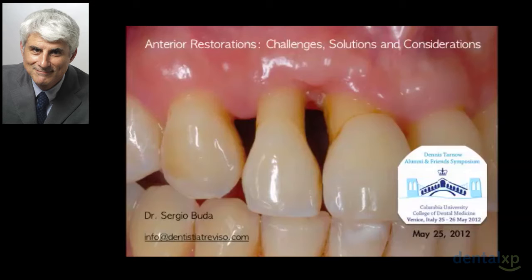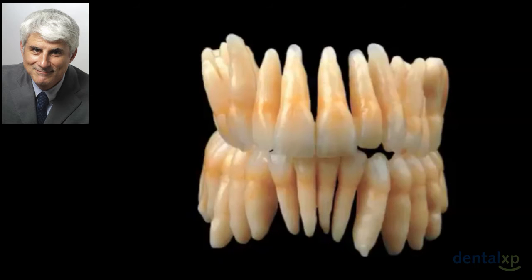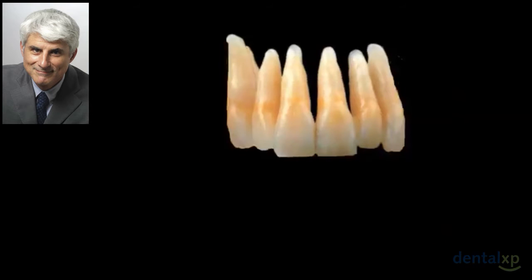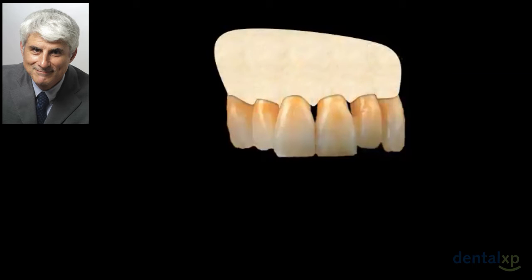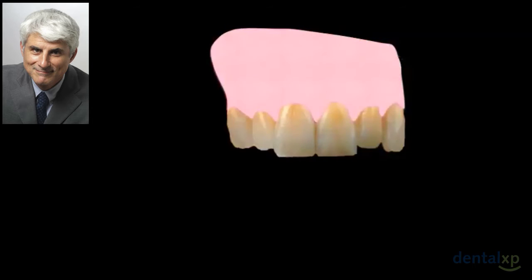So in a condition like this, of course, we have not just to think about teeth, but we have to think what is around our teeth. And especially, we have to think about the support of our teeth, which is the bone, and we have to think about our soft tissue support, which is the gingiva.